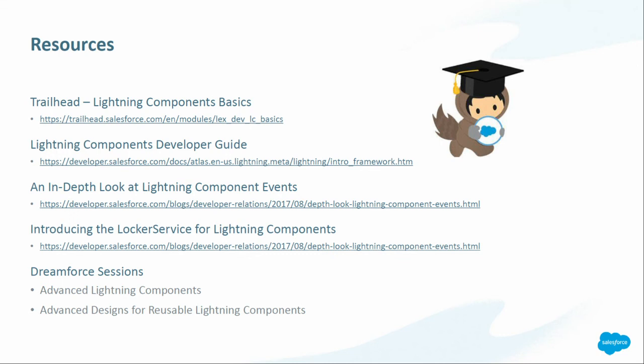When you create a component from the console, it gives you a list of the members of the bundle that you need to implement. The view is always there, and the controller and the helper are also there by default. But you can also add different files to the bundle.